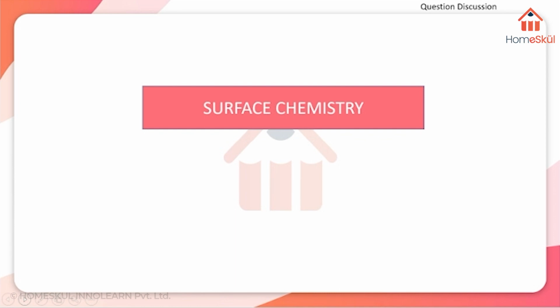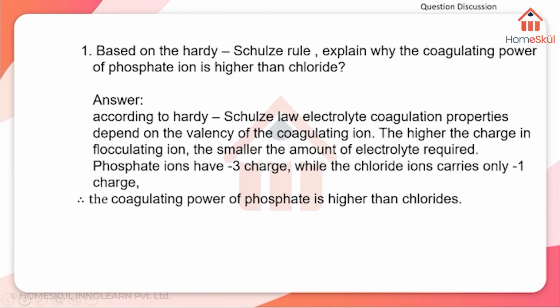Okay, clear? Now we have some questions from surface chemistry. It's a very important chapter, you know. First one, based on the Hardy-Schulze rule, explain why the coagulating power of phosphate ion is higher than chloride. You know, phosphate is PO4 3-, its valency is 3, and chloride is Cl-.